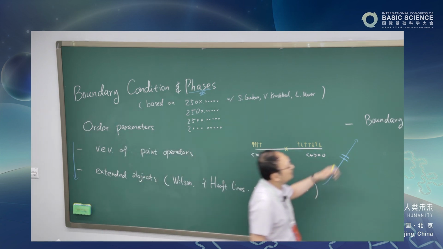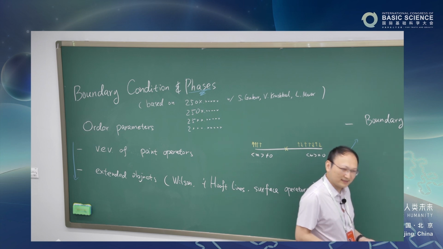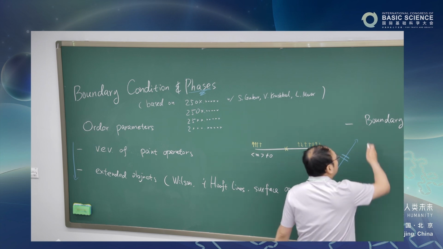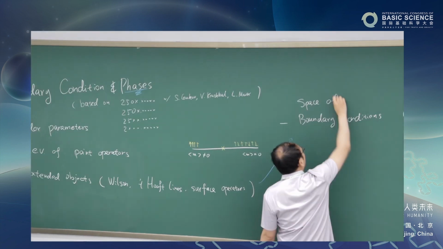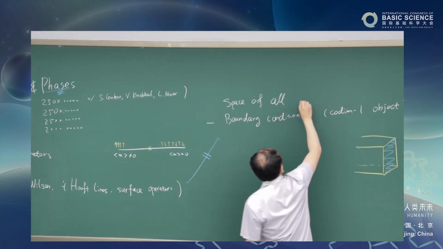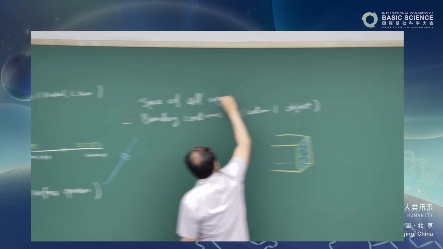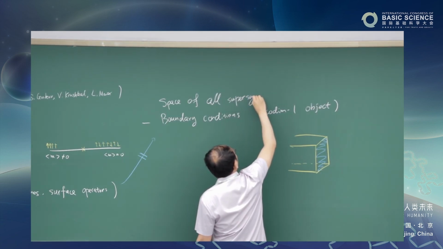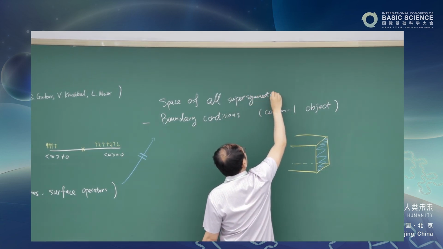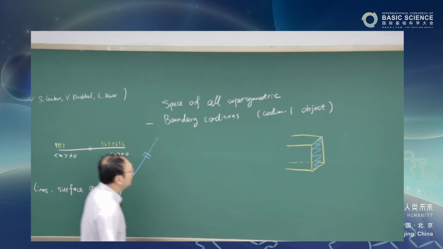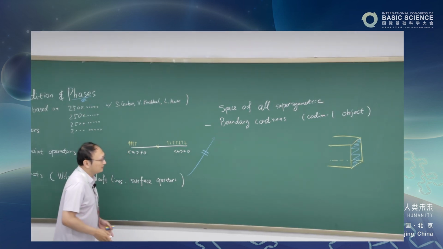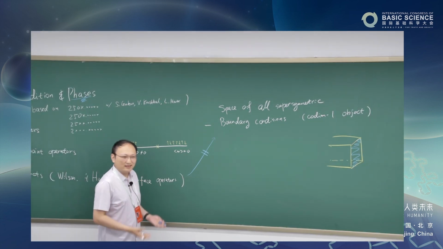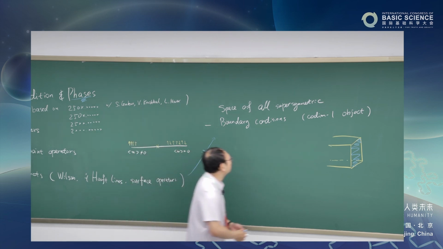But here, the point is that we're not fixing the boundary condition. We actually use the space of all supersymmetric boundary conditions. So it is not that a given boundary condition gives you an order parameter, but instead, they collectively give you an order parameter.